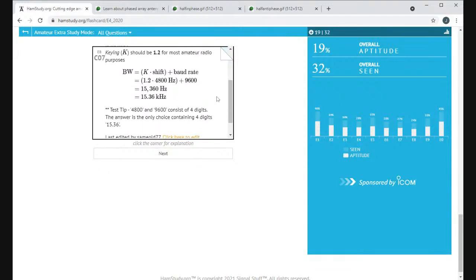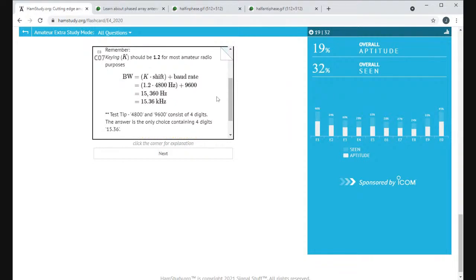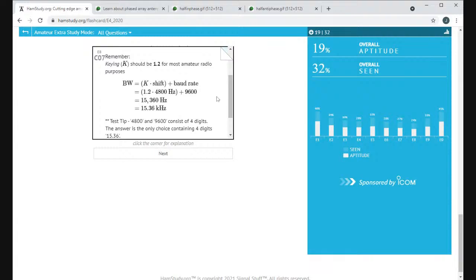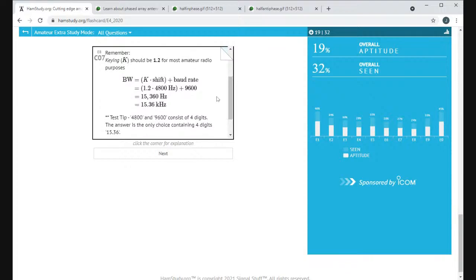And there is a nice equation: bandwidth equals K, which is 1.2, times shift plus the baud rate.